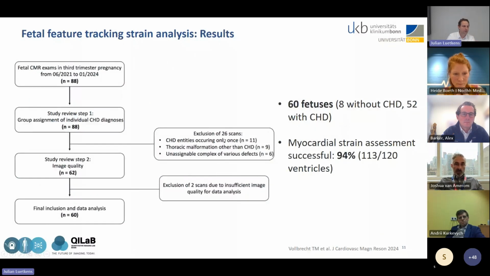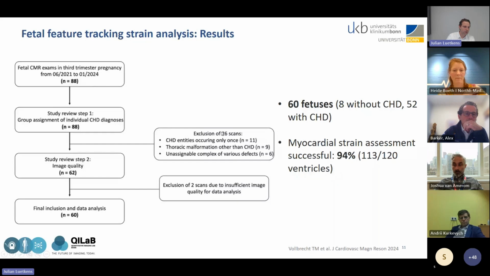We included 88 fetuses in our study, and we had to exclude 26 scans because we wanted to group different CHD categories, and we had a very large number of CHD entities which occurred only once in our study.